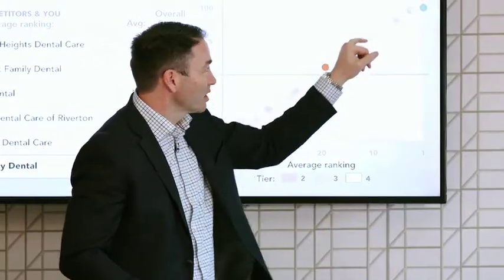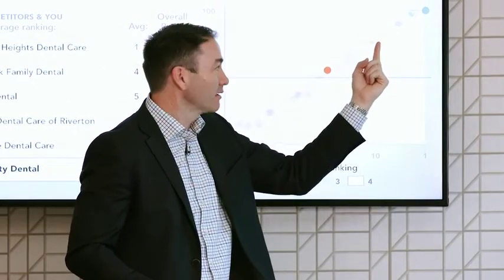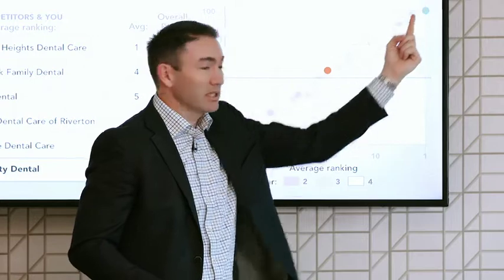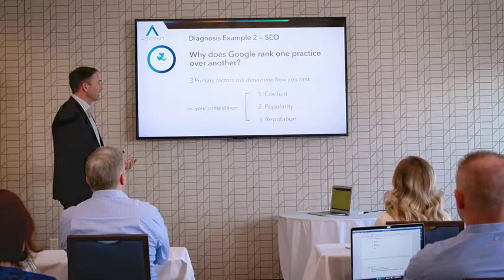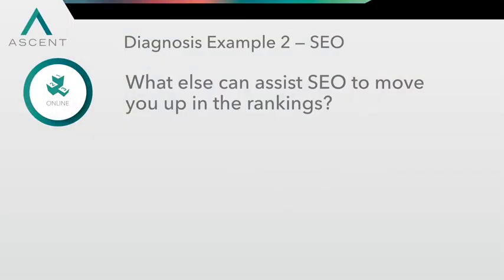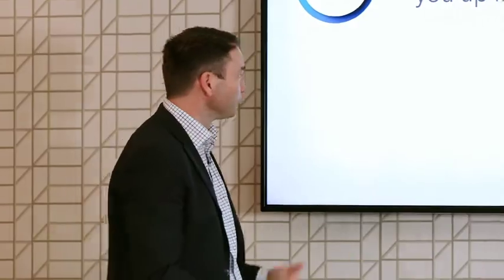And your optimization could only get you to maybe the beginning of that tier. In order to really keep moving, what do you do next when optimization kind of runs out of its abilities? What else assists search engine optimization? What else can you do to help that if you've reached kind of that plateau on what optimization can do?